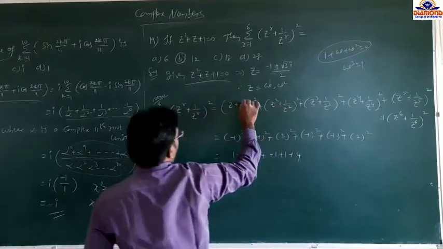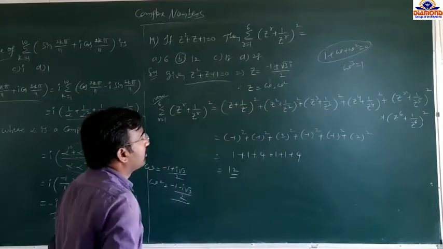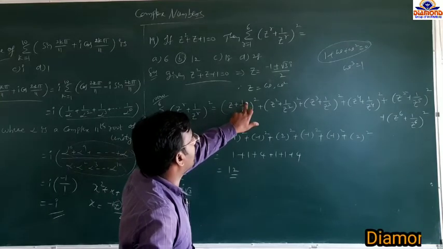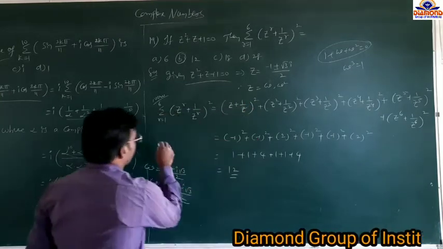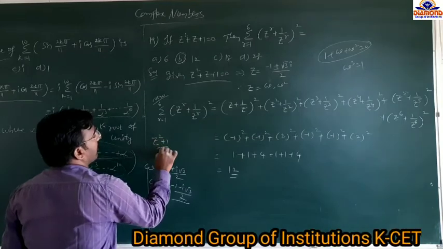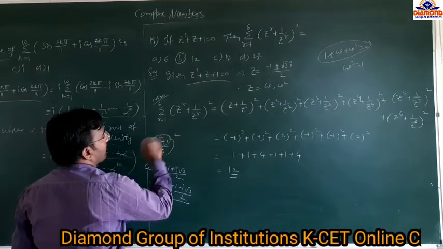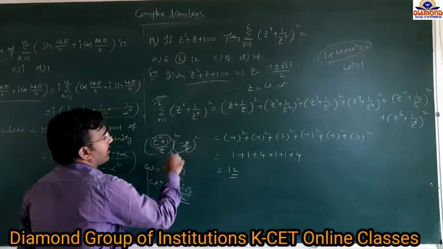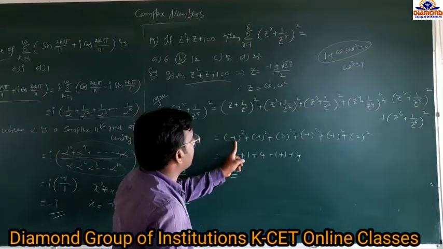That's why here z plus 1 by z equal to what? LCM is z square plus 1 by z. So z square plus 1 is nothing but minus z. Minus z by z whole square. So here z cancels, getting minus 1. So this value is minus 1 whole square.